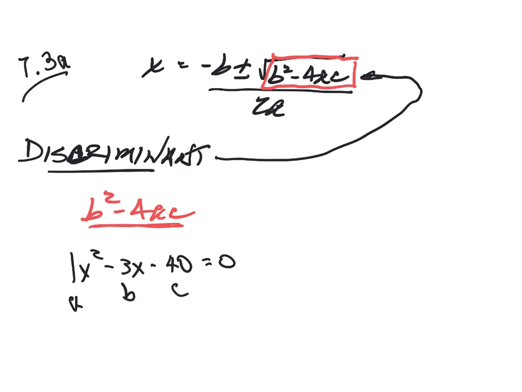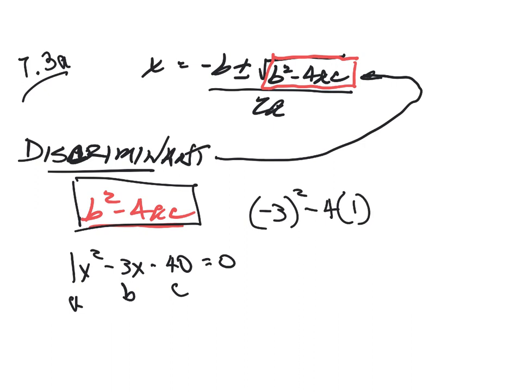So if we just plugged in those numbers here, we would get b squared, so we'd get negative 3 squared minus 4 times a times c, which is negative 40. And if we did the math, we'd end up getting 169.